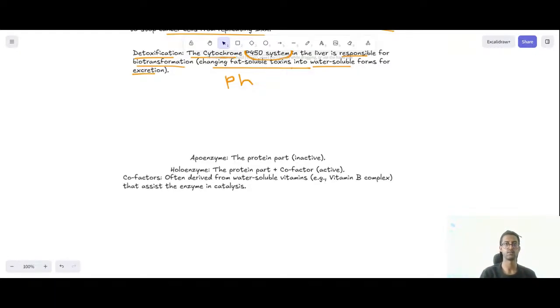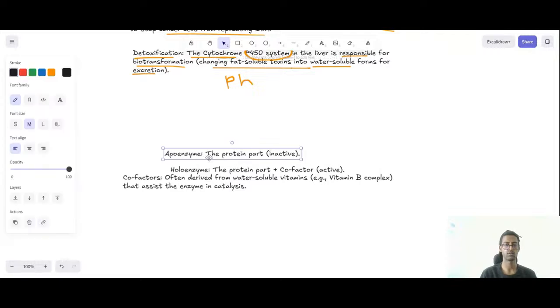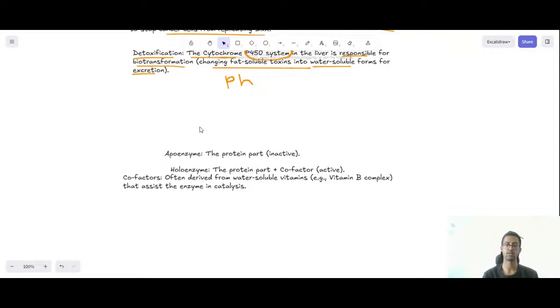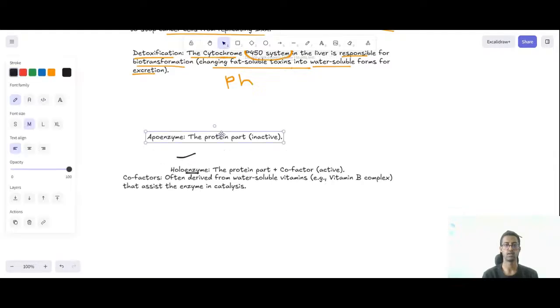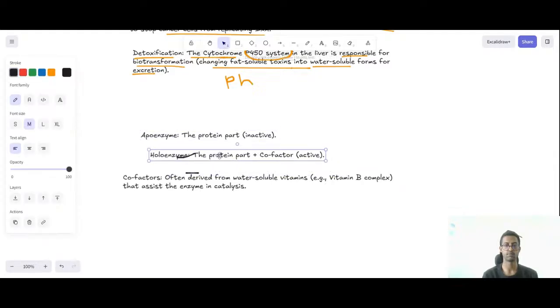Okay, so this is apoenzyme. So these are apoenzyme, the protein part. This is literally the whole enzyme. So something proteinous from the notes. So apoenzyme and whole enzyme.